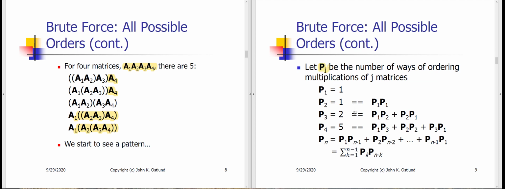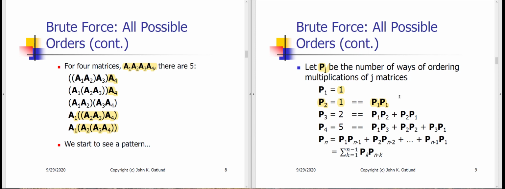So the way this is going to work out, if we think of P sub j as being the number of possible ways of ordering the multiplications of j matrices, well, if we only have one matrix, then there's only one way of ordering it. If we have 2 matrices, there's also only one way of ordering it. We can think of that as being the number of ways of ordering one matrix times the number of ways of ordering the other matrix, right?